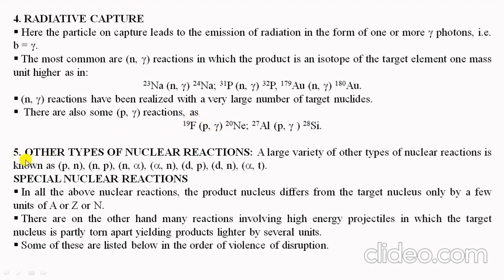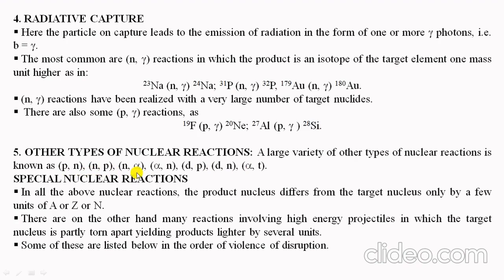Next, these are the other types of nuclear reactions. A large variety of other types of nuclear reactions are known, such as p n, n p, n alpha, alpha n, n d p, d n, alpha t. p means proton, n means neutron, we know.